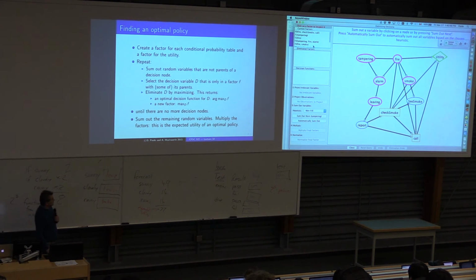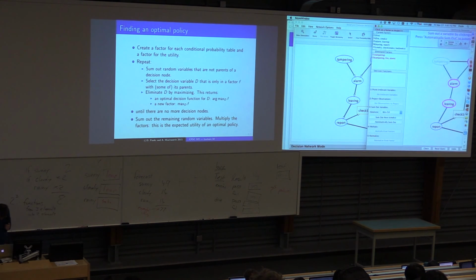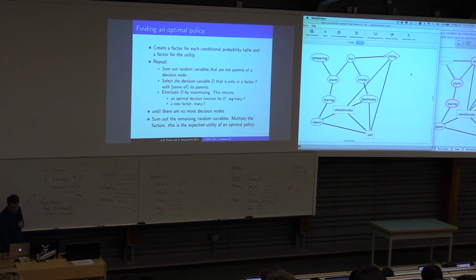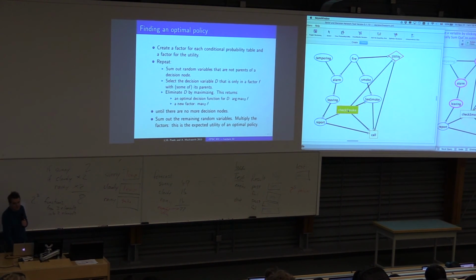So what variables can I sum out? I want to sum out a variable that's not a parent of a decision node. So start telling me variables I can sum out. Tampering, right? What else? The parents of decision nodes were report, check smoke, see smoke.